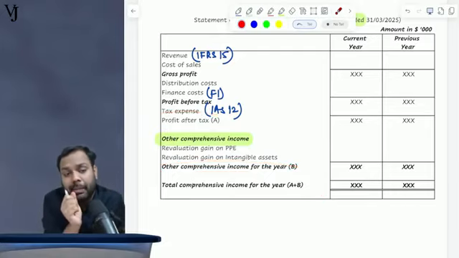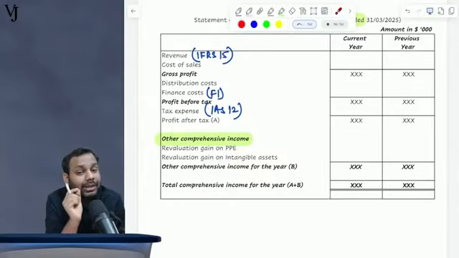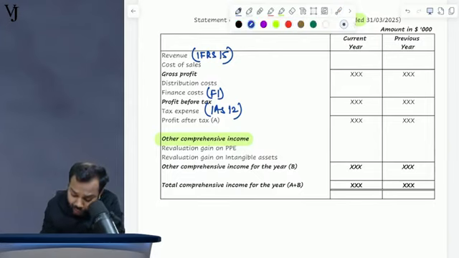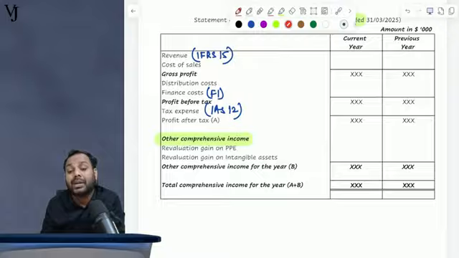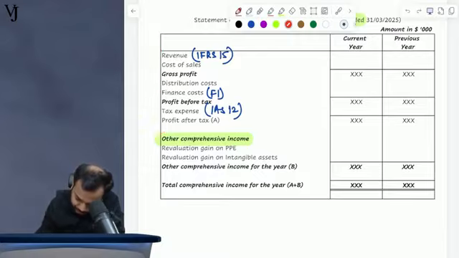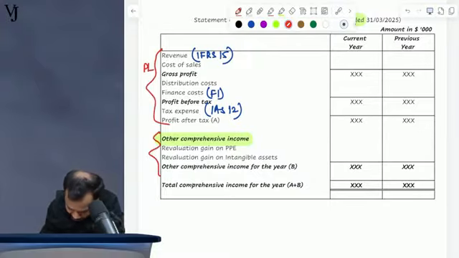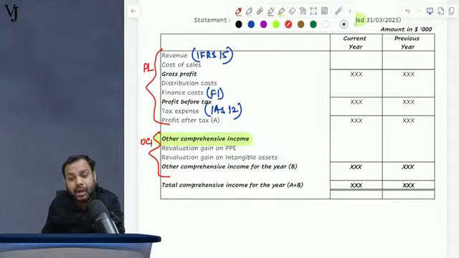But now understand, my dear friends, there arises a challenge. The profit and loss statement is divided into two parts: one is called P&L and another is called OCI.